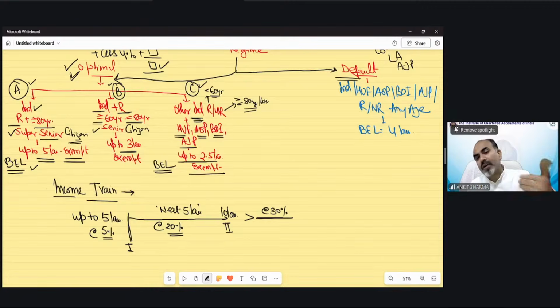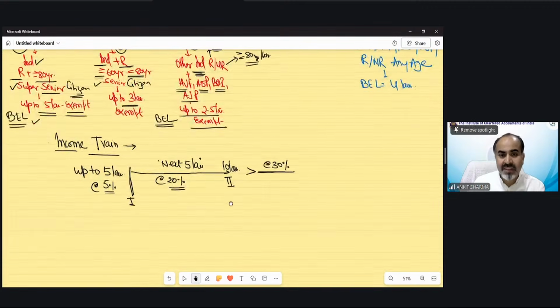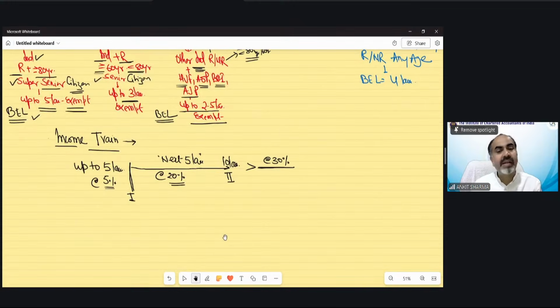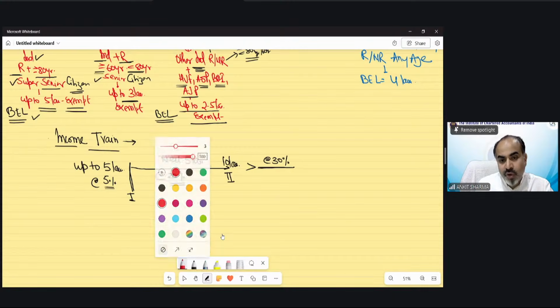For the next 5 lakh rupees, the rate would be 20%. And the balance is going to be taxed at 30%. If you learn these two things, this would work like a machine. If you put the income in this machine, you will get the correct tax automatically.